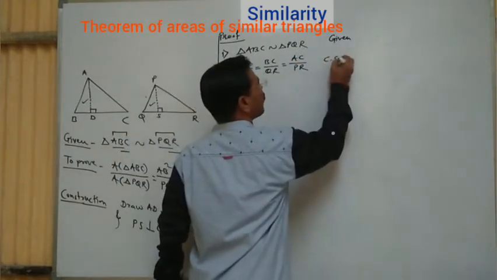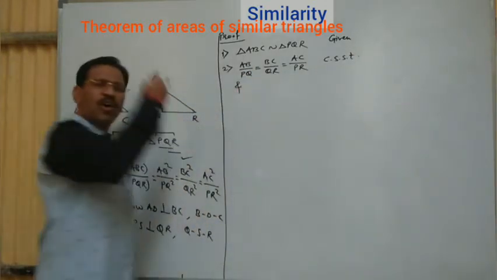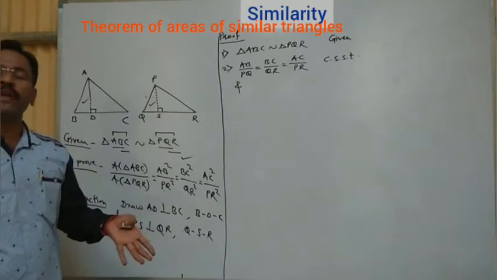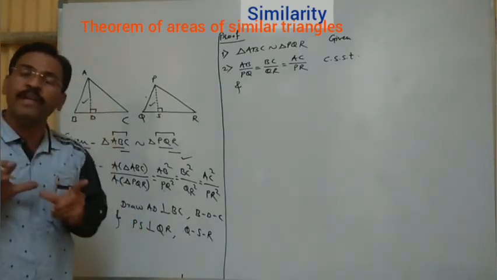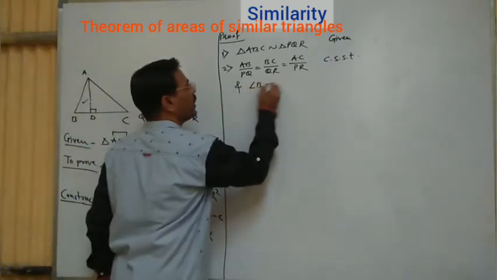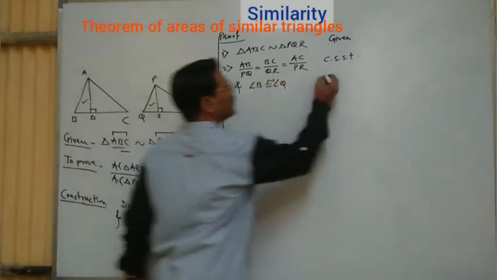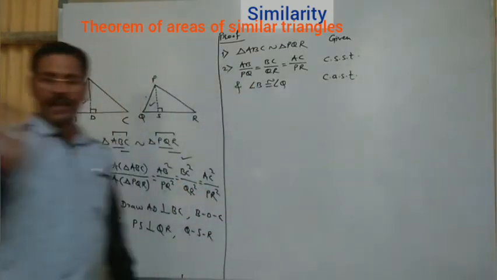These are corresponding sides of similar triangles. Here we can take all angles, but there is no need to write all of them, only the angle we need. So we write angle B congruent to angle Q. These are corresponding angles of similar triangles.